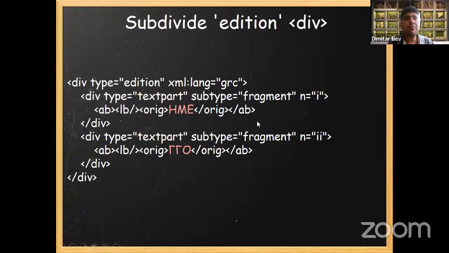There are some fragments here which are encompassed in anonymous blocks with line breaks which read only one line, and there are some textual fragments which are non-comprehensible and beyond any sort of interpretation. This is why they are encoded with the help of the orig tag, which stands for original.